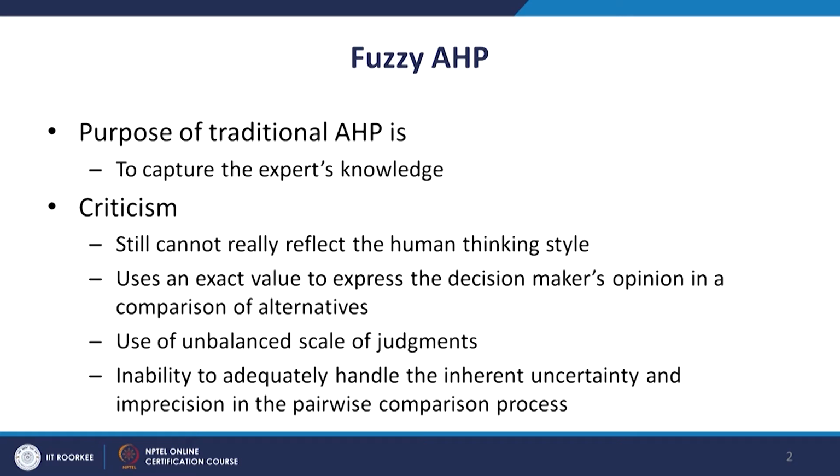Then, use of an unbalanced scale of judgments, and inability to adequately handle the inherent uncertainty and impreciseness in the pairwise comparison process. If you look at the kind of criticisms that they are, fuzzy AHP can be used to handle most of them.